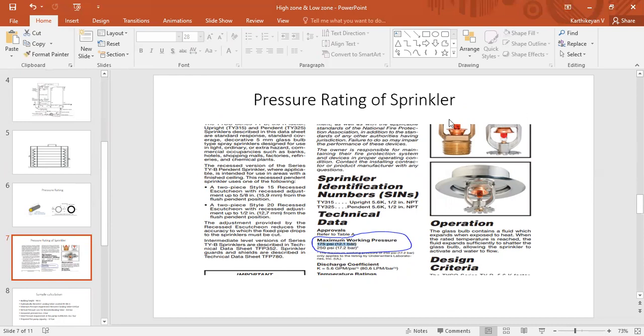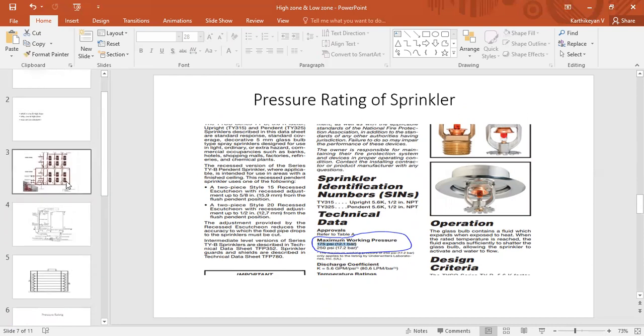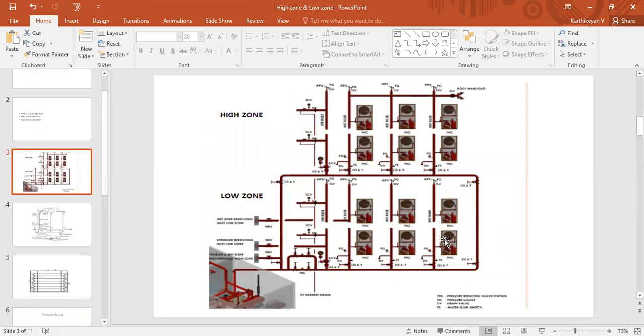All the buildings will contain sprinkler systems, and you have to make a tapping for the sprinkler system from this line only. If your pressure increases more than 12 bar, maybe your sprinklers cannot cater to it. So we have to stick with 12 bar. This is the condition.